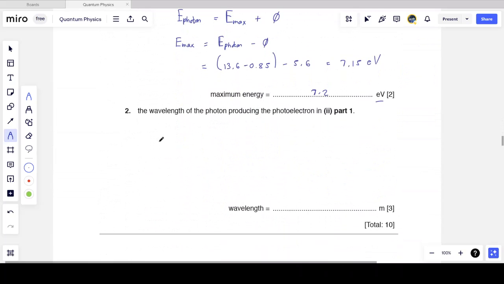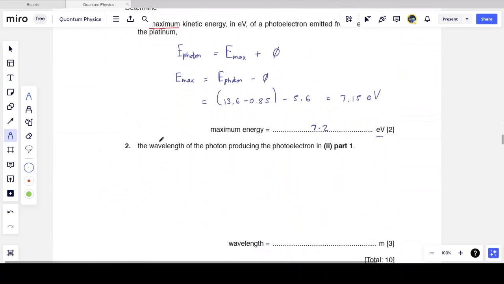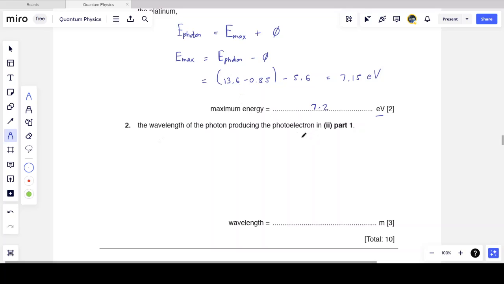Now the wavelength. We're asked to determine the wavelength of the photon producing the photoelectron in part 1. So what do we know? We know the energy of a photon is related to its wavelength, hc over lambda, which means we can find the wavelength of the photon as hc divided by its energy.